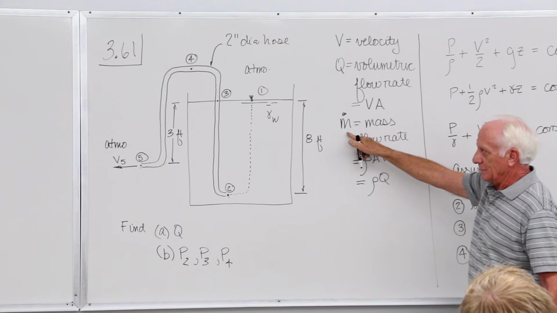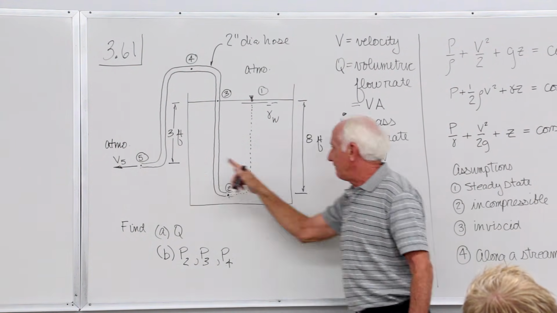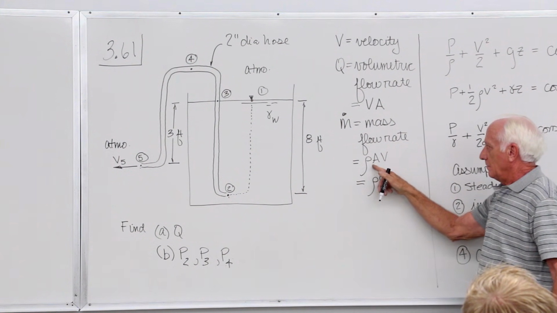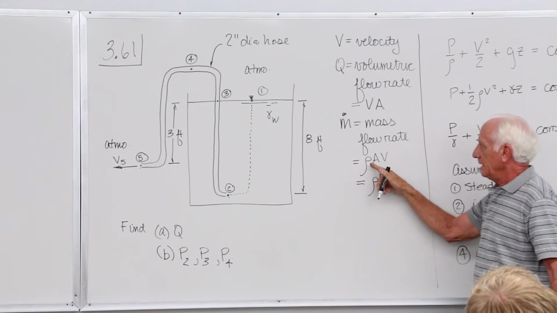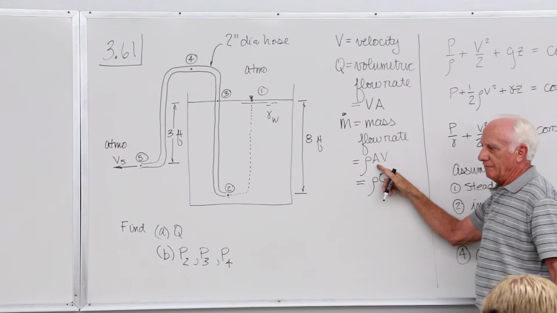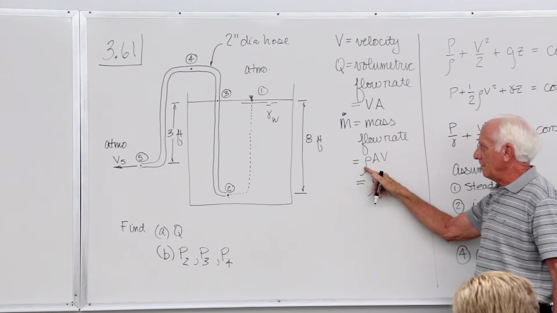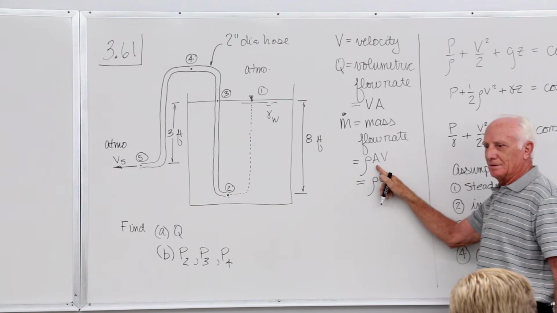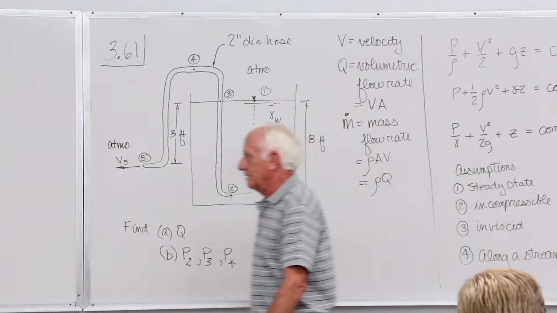Mass that comes in at 2 in the pipe equals mass that goes out at 5. Rho A V. Is the density the same at 2 and 5? Yes, it's water. Is A the same at 2 and 5? Yes, it's a constant area pipe. Therefore, the rho and the A cancel out, which concludes then that V2 equals V5. Okay.